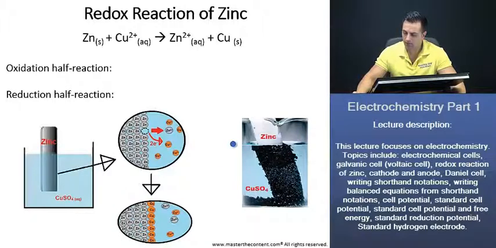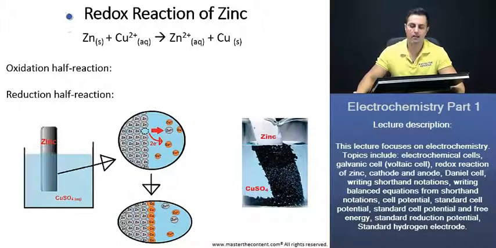Here is a picture of it actually taking place, where we have the zinc metal in copper sulfate and the copper being deposited. The copper ion comes out of the solution because of the electron transfer taking place here, and the zinc ion comes into the solution as it loses its electrons.